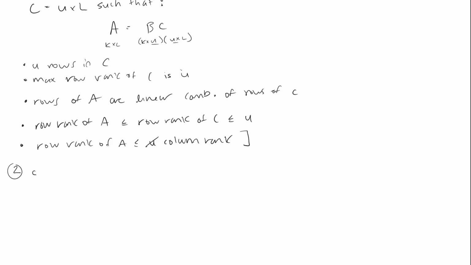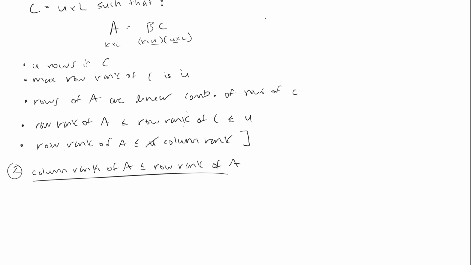we're going to show that the column rank of A is less than or equal to the row rank of A. Right, and by first deducing that the row rank of A is less than or equal to its column rank, and then finding out that the column rank is less than or equal to its row rank, you eventually come to the conclusion that the row rank must be equal to the column rank.